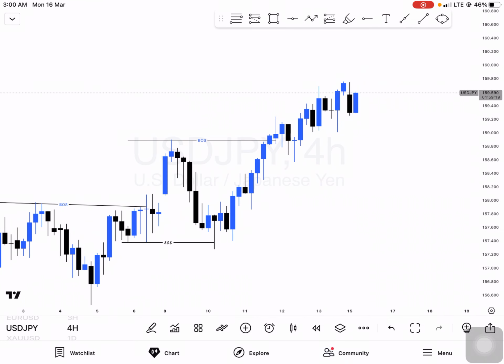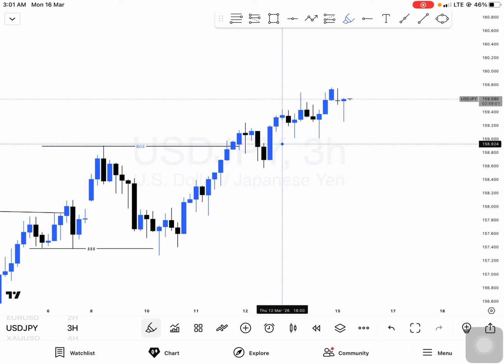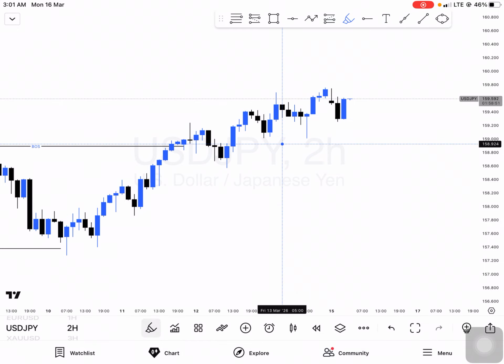But as you can see here, we have no valid order block on the 4-hour time frame. You can check here, no valid order block on the 4-hour time frame. So all we need to do is to move down into the lower time frame to keep seeing if we get a valid order block where we are going to wait for our setup for this week. On the 3-hour time frame too, we have no valid order block, so move to the 2-hour time frame.